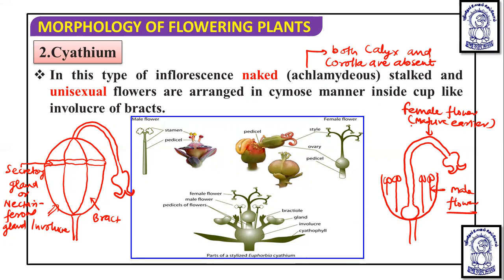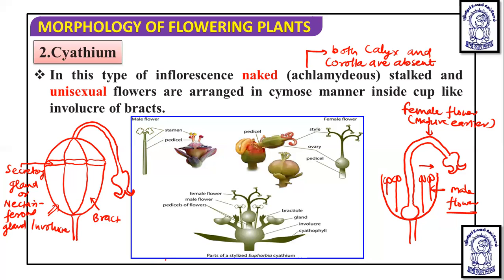The female flower matures before the male flowers mature. In the male flowers also, those present towards the center mature earlier, and the flowers present towards the periphery mature later. So maturity occurs from center to periphery. Here male flowers are just represented by the stamen. So this is the Cyathium inflorescence.